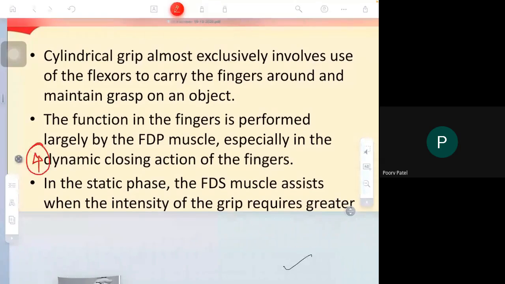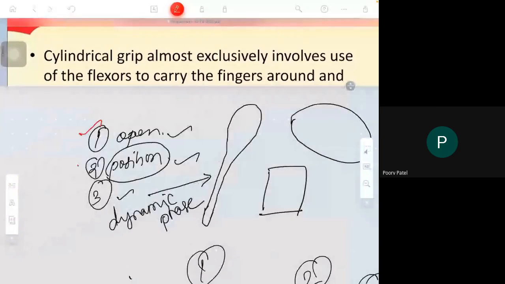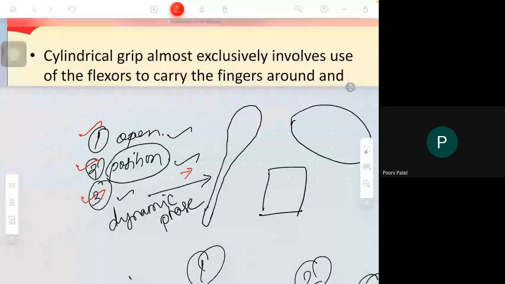What is dynamic closing? Sorry, third phase, because fourth is static. Dynamic closing is third phase. Do you remember the four phases? Open, position, and approaching the object. Here closing comes, closing of the fingers.